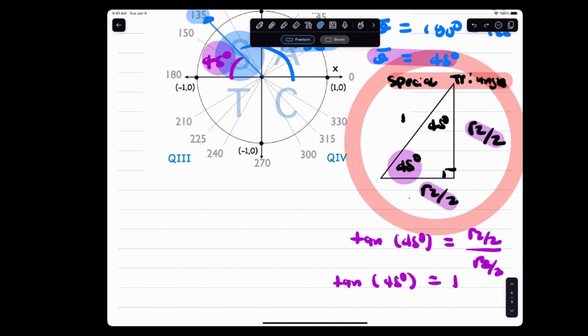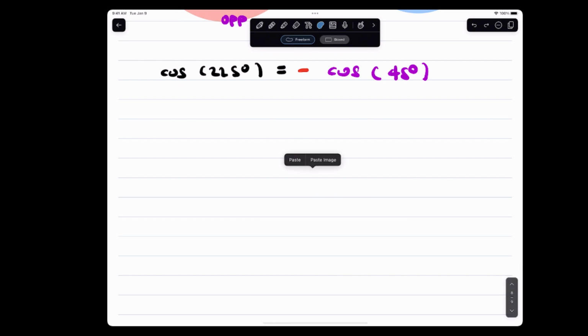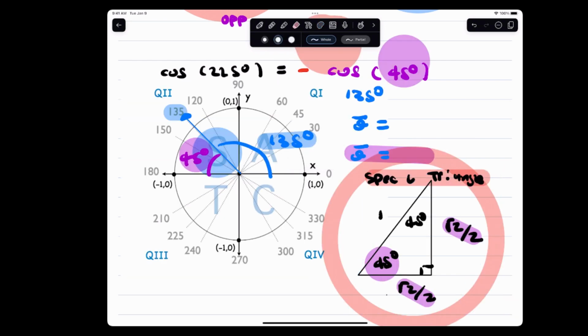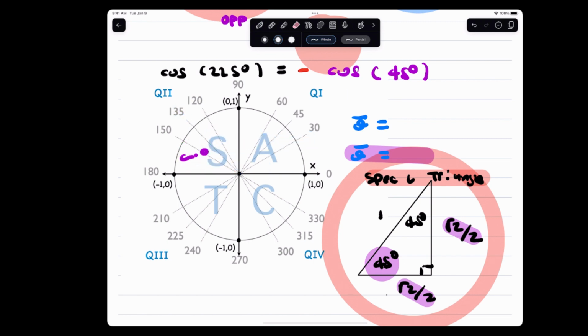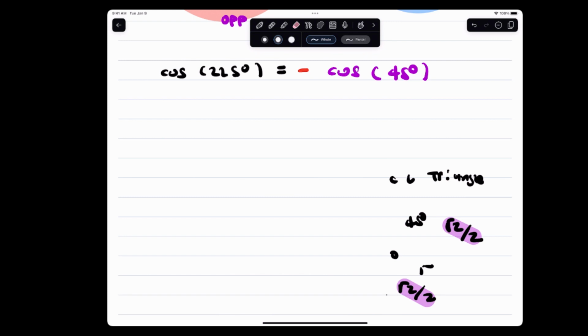So let's try to just get the triangle if I can. Can I delete that? Yes. Okay, well, fine.